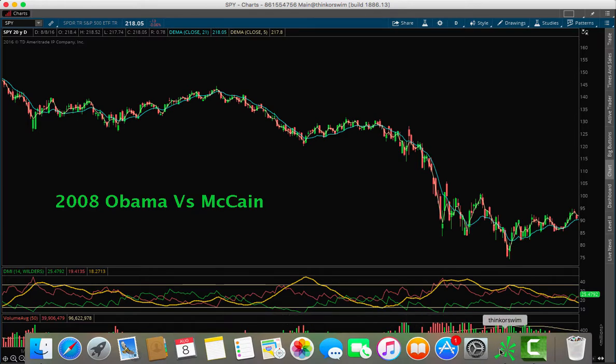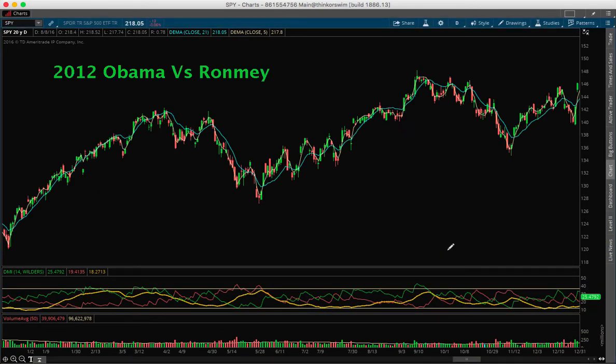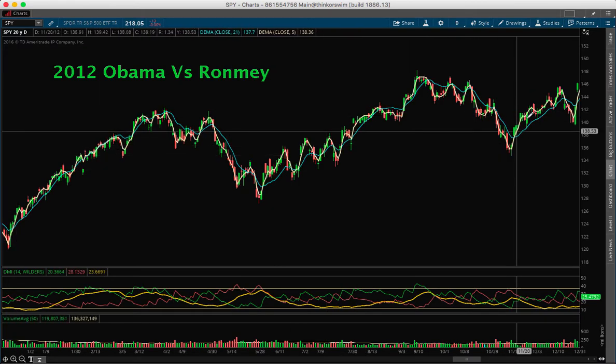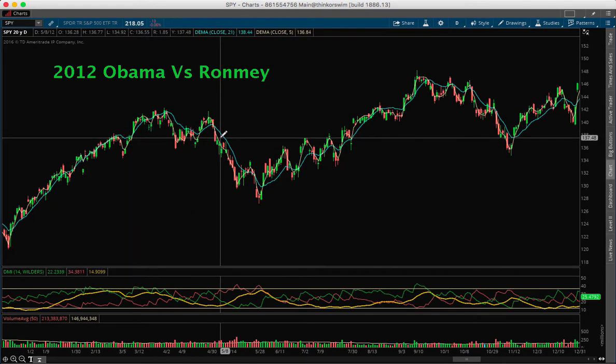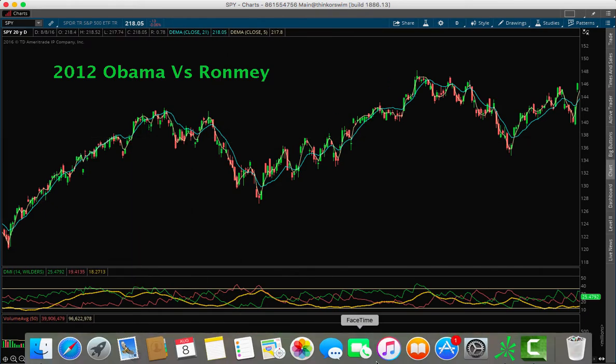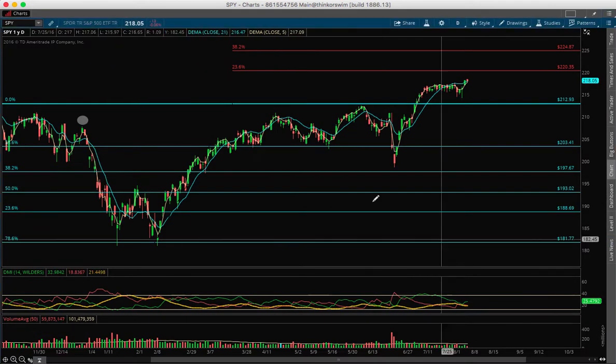If we move to 2012, Obama versus Romney, you can see here they were trending up, making higher lows. Very nice trending year. This is one of the best presidential years that I ever traded. And look what happened right now.